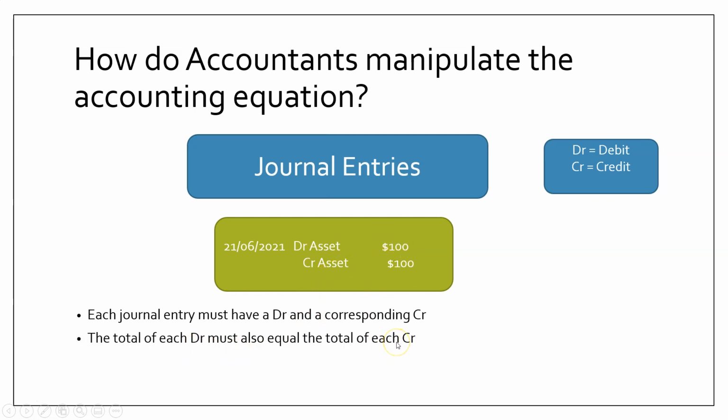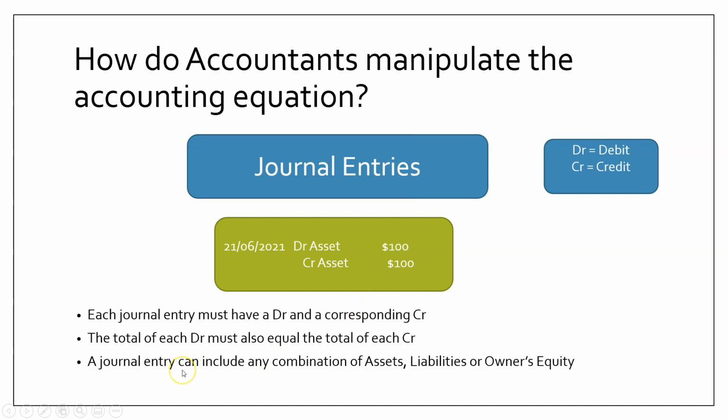You can see here the debits in this entry add up to $100 and the credits equal $100. If I did the debits minus the credits, 100 minus 100, it would equal 0. So the total values of your debits and your credits must always be the same within your entry. That's really important because we want to make sure that the accounting equation is always balanced.